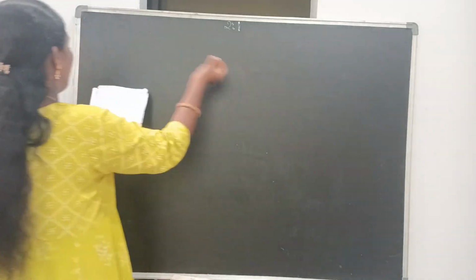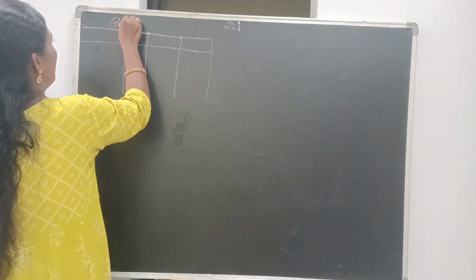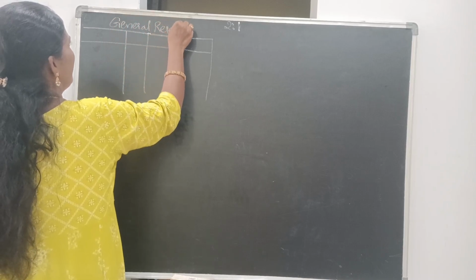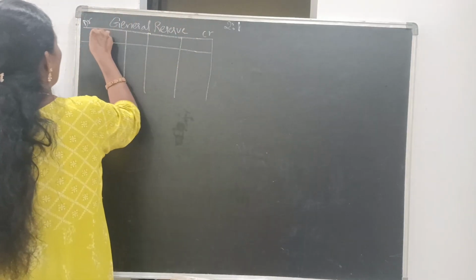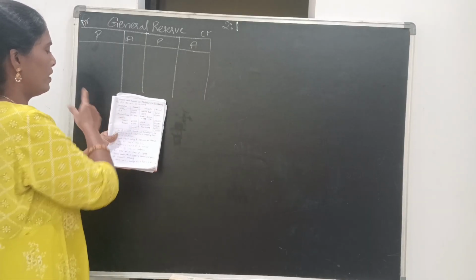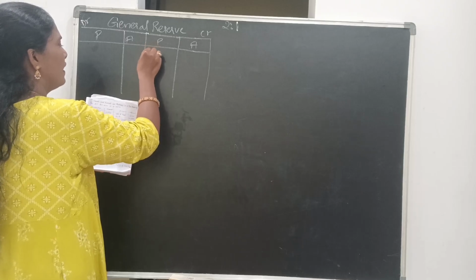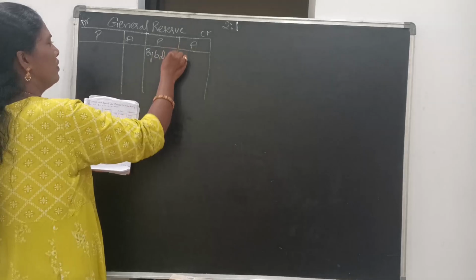So general reserve I am going to prepare first. Put the heading general reserve. Write debit and credit, particulars, amount, particulars. General reserve is on the left side in the balance sheet, so write it on the opposite side, that means the right side: by balance brought down.